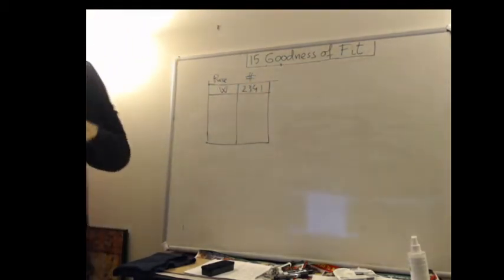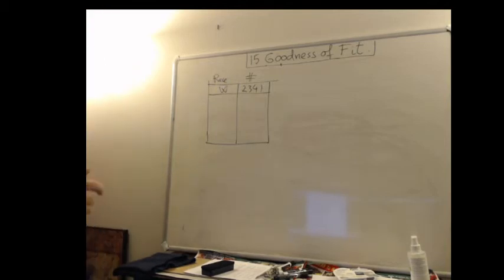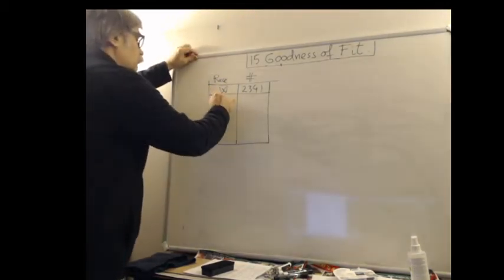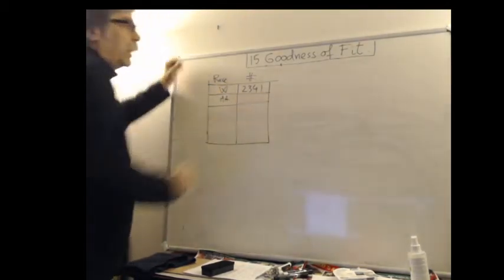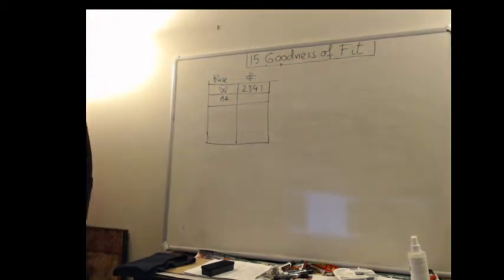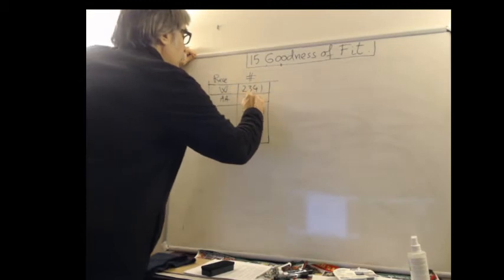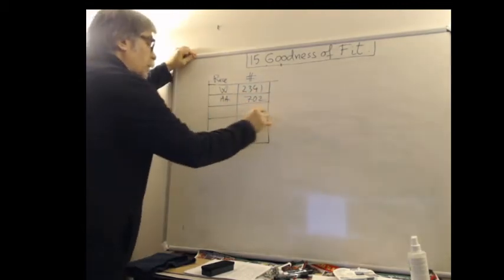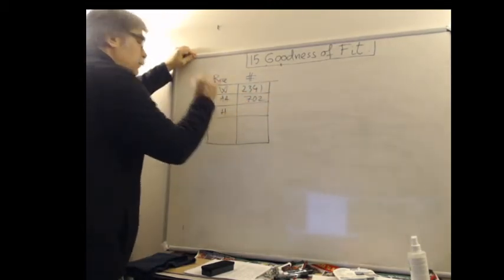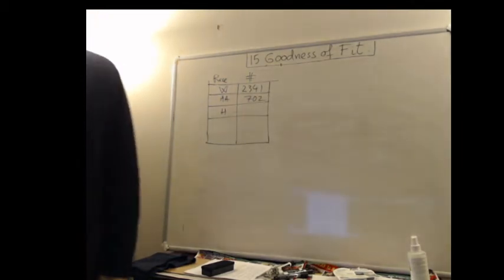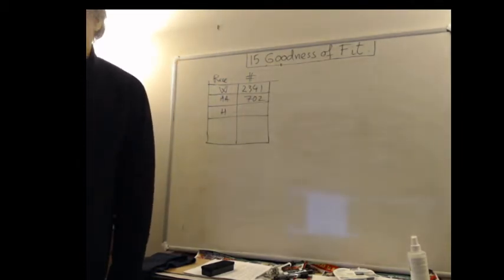Then the second race I'm going to use is African American, right? And in the college we have 702 of those. Then I'm going to probably use the Hispanic population, right? And the Hispanic population we have 1,016.